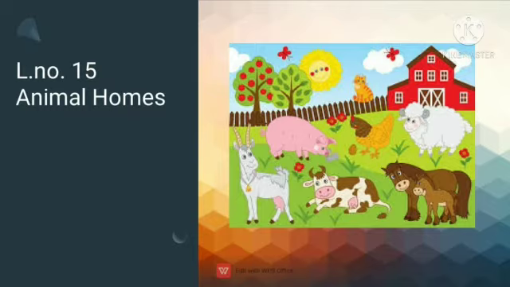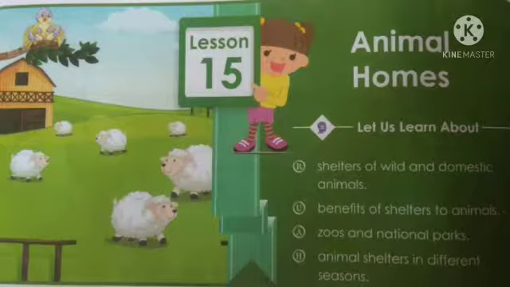So students, today we are going to learn EVS lesson number 15, Animals Home. In this lesson, we are going to learn about the shelters of animals, and also the shelters of wild and domestic animals. It means the shelter which is important for wild and domestic animals.